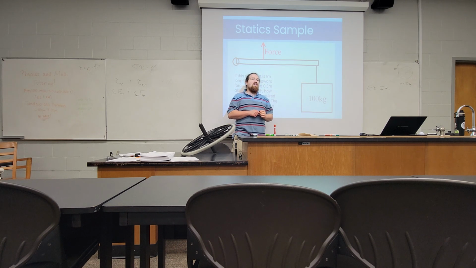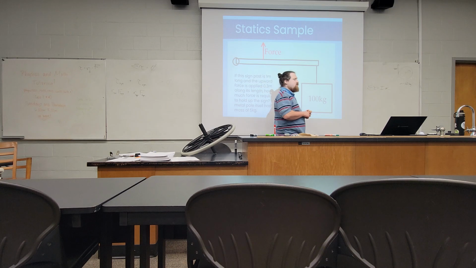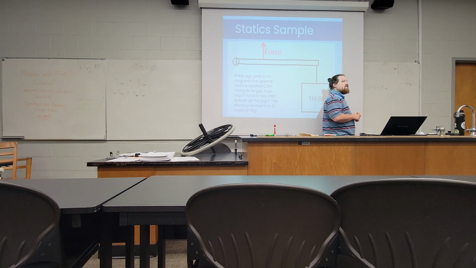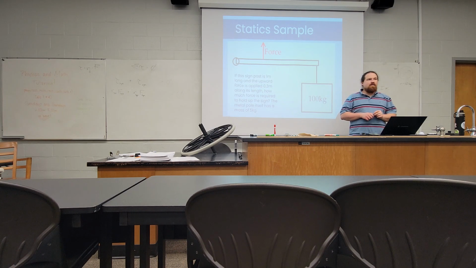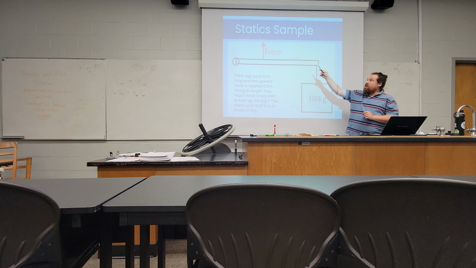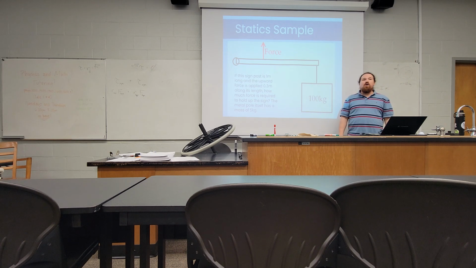And so these torques need to cancel out so that the sign stays in place and doesn't start rotating. And we want to figure out how much force is required in that rope so that we can know what type of rope to use. If we pick a rope that's too weak, it's going to snap and then things start spinning, and that is bad.